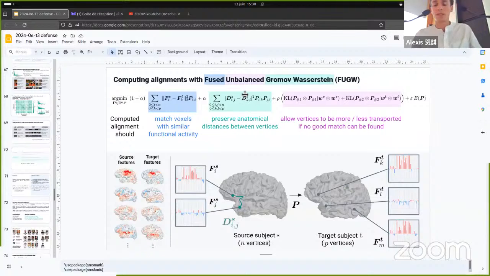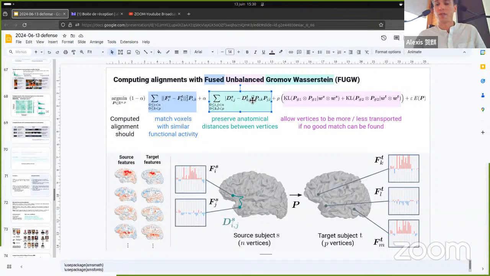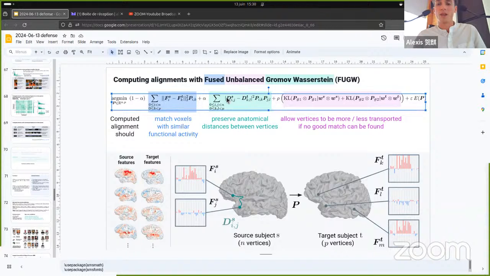One of the interesting properties of fugue is that it benefits from the good properties of Gromov-Wasserstein distances. And one key ingredient here is that this matrix D is the matrix of geodesic distances in the source brain, and we have a similar matrix in the target brain. But we could use other matrices that are only well defined at the scale of participants.